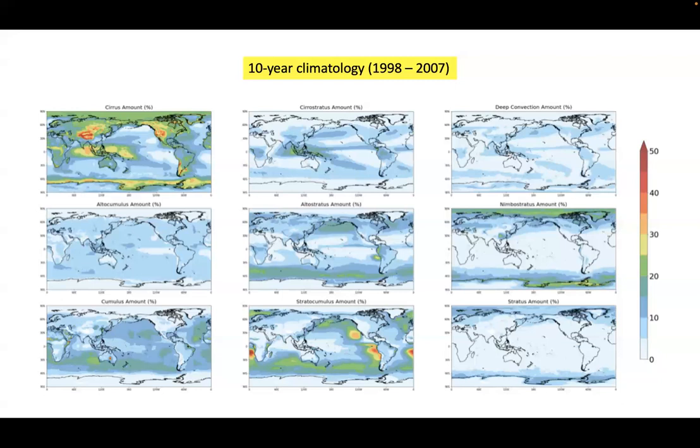I'm using a common color scale, which may not be the best way, because some clouds have smaller occurrences that are not very obvious to your eyes. But anyway, this is one way to plot it. So we're going to take a look at some of the subplots and try to infer from this satellite data what's happening in the Earth's atmosphere.